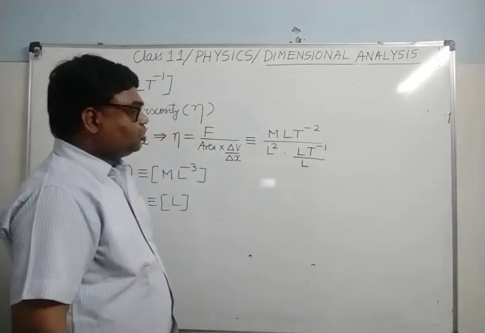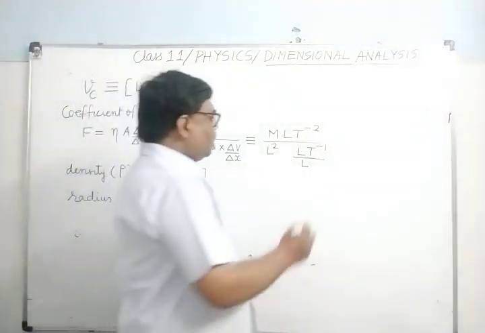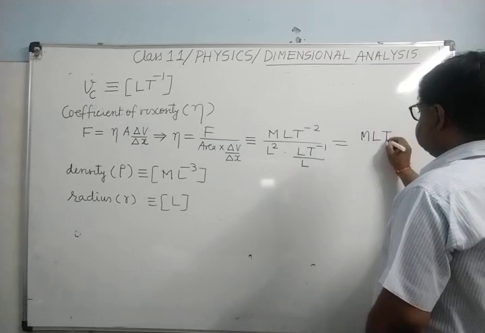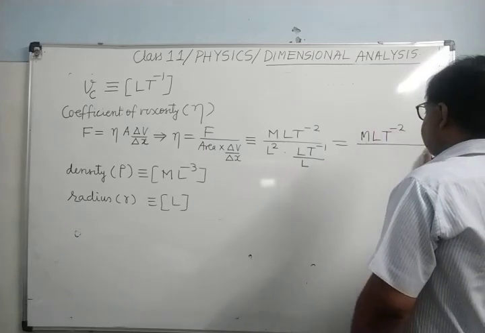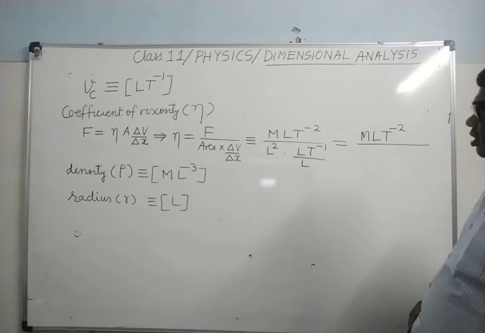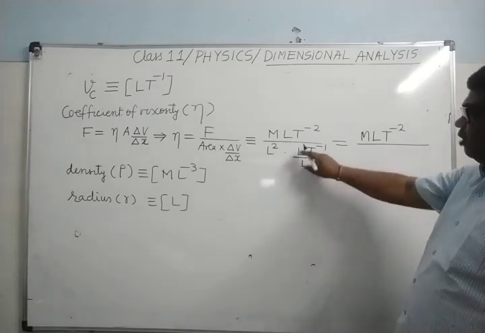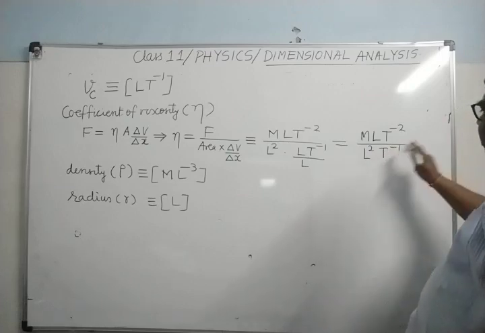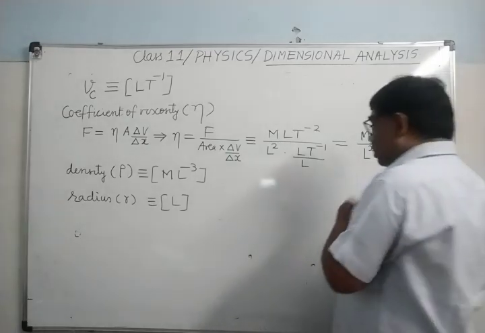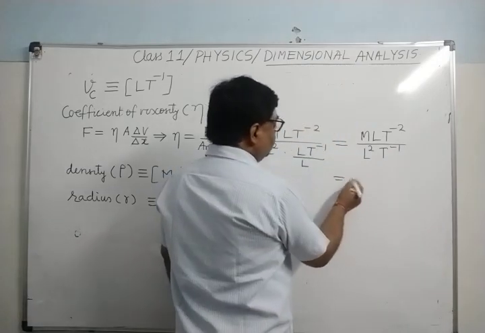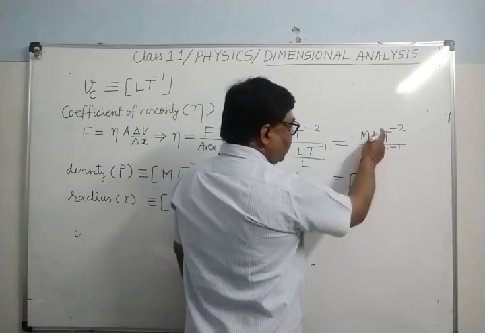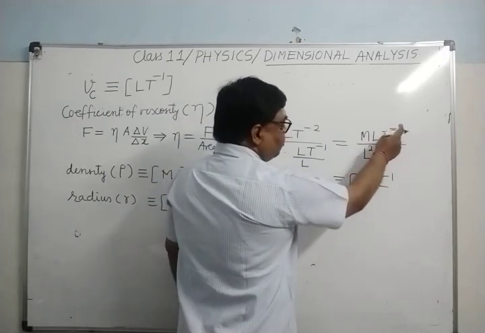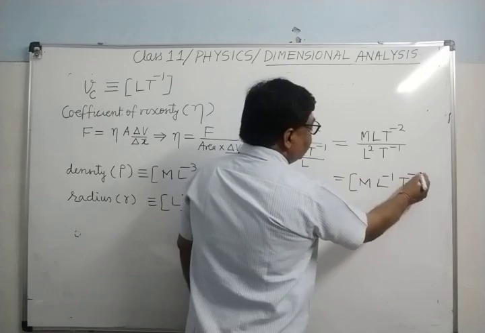It is clear? So what will happen? What is left here on simplification? You can see here MLT minus 2. This you will study afterwards in viscosity, properties of fluids. So L will be cancelled. L square T minus 1. When you take it in numerator, this will become M L upon L square, L minus 1, T power minus 2 upon T power minus 1.